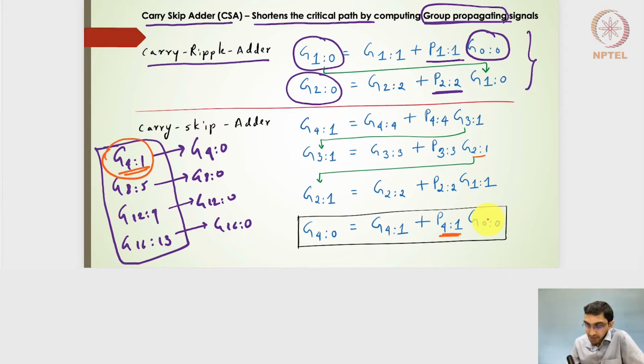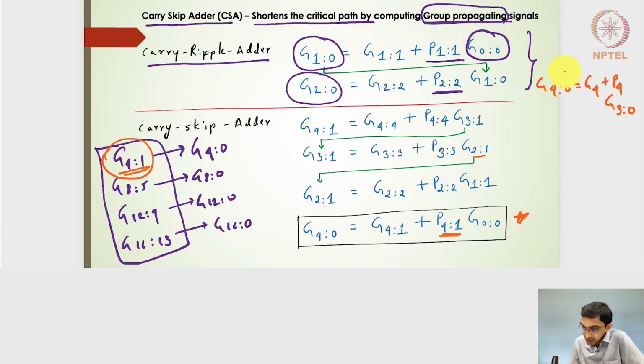All right. So remember that in a carry ripple adder, the way we generated 4 is to 0 was G4 is to 0 was nothing but G4 plus the bit level P4 ending with that of 3 is to 0. Here, the way we are generating it is different. G4 is to 0 is G4 is to 1 that has been generated, and P4 is to 1, and then G0 is to 0.